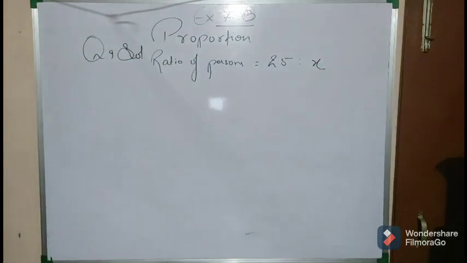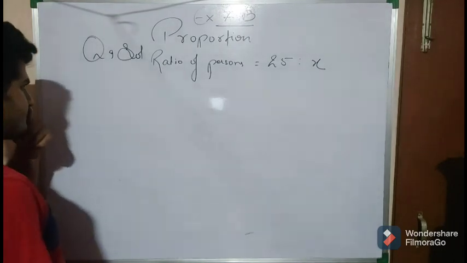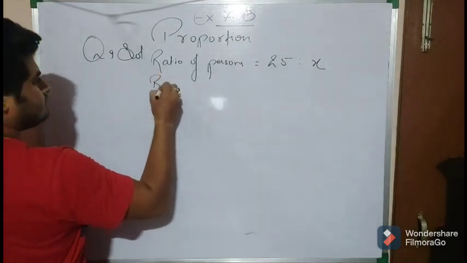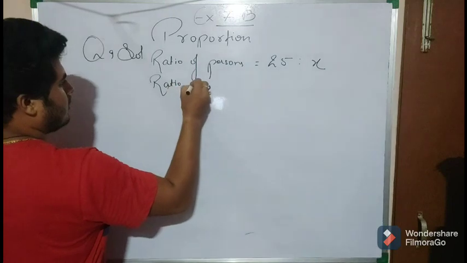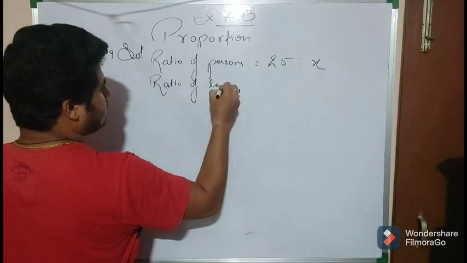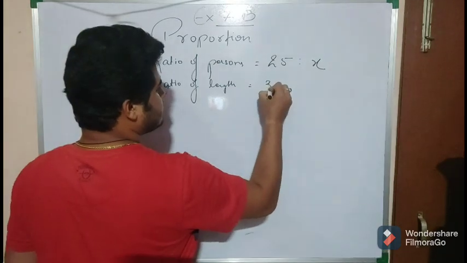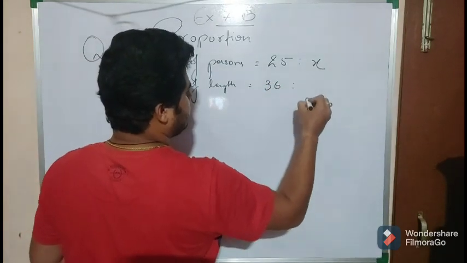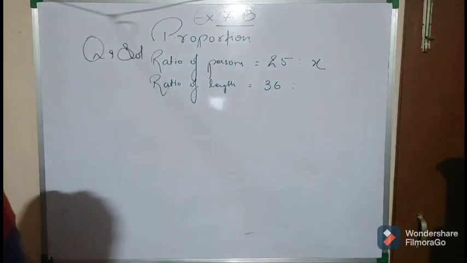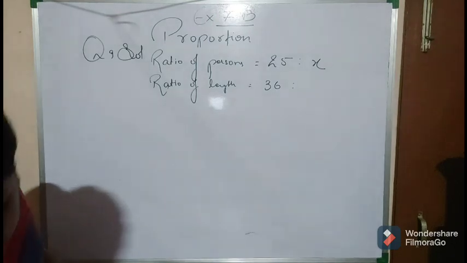So let us suppose that the number of persons be x, and the ratio of length of trench, earlier it is of 36 meter length and later it is required of 108 meter length.